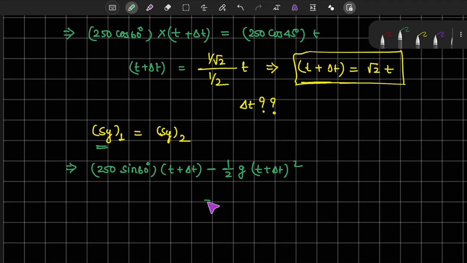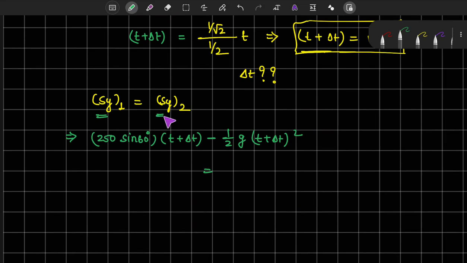We equate it to the vertical displacement of particle 2, which is 250 sine 45 degree into t minus half into g into t square.